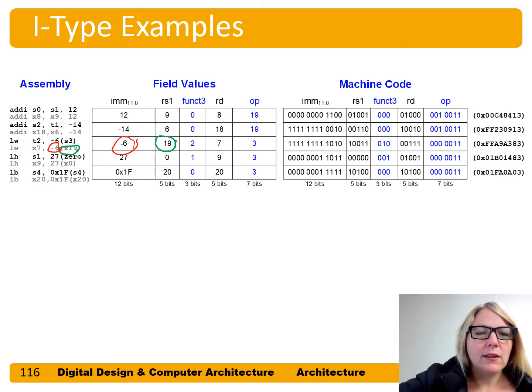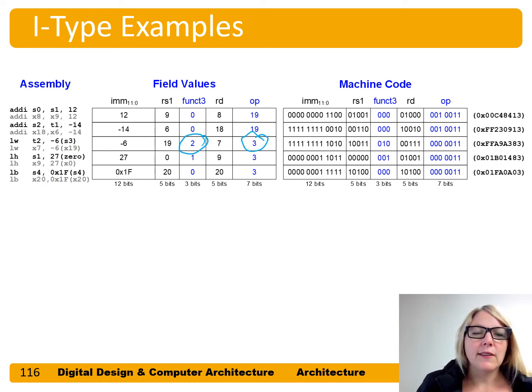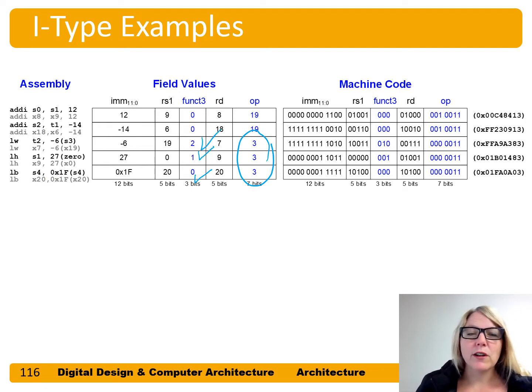And then our destination where we're going to load that into is T2 or register 7, X7. And then our opcode and funct3 fields tell us that this is a load word. And you'll notice for the load instructions, the opcode is the same, the 7-bit representation of 3, and 0 is load byte, 1 is load half, and 2 is load word for the funct3 field.